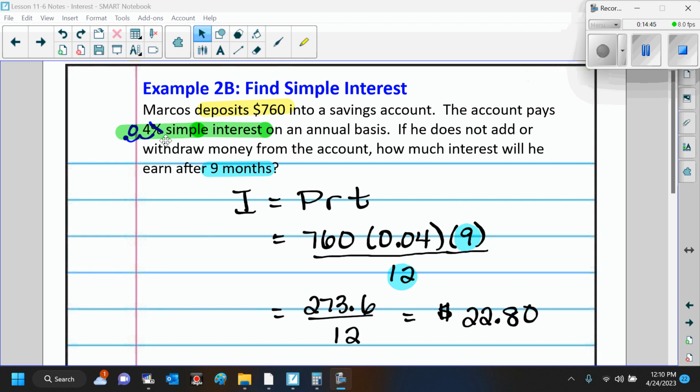The rate we changed to a decimal, 0.04. The time is in months, you see? So we had to multiply times 9, but then we had to divide by 12. Does everybody see that? So I multiplied everything on top first and then divided by 12, and that's how I got my $22.80.